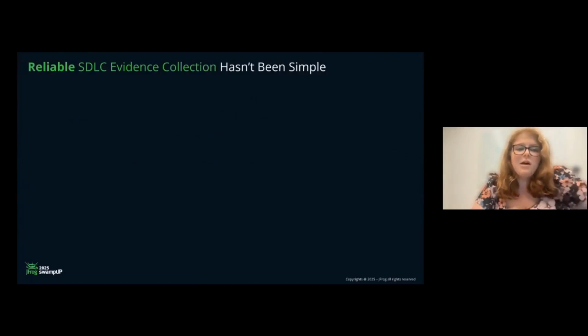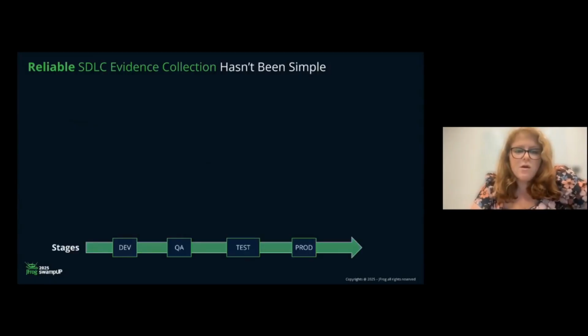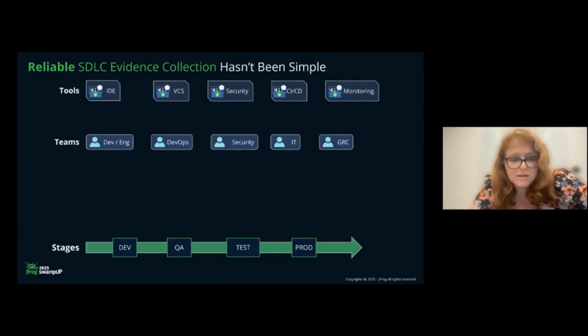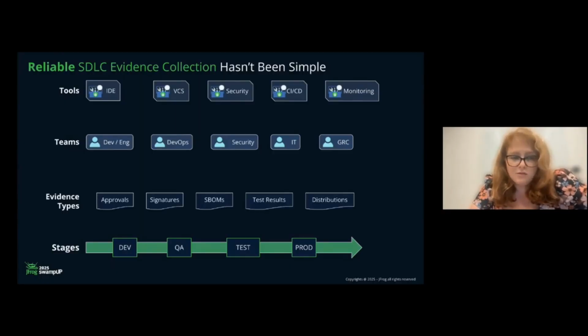So let's start by looking at the challenge, because the modern SDLC is a complex ecosystem. We have a wide area of tools, IDEs, version control, security scanners. Each of them generates valuable data, but all of this is managed by different teams, and the data comes in countless formats.